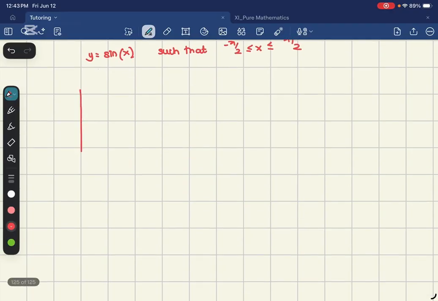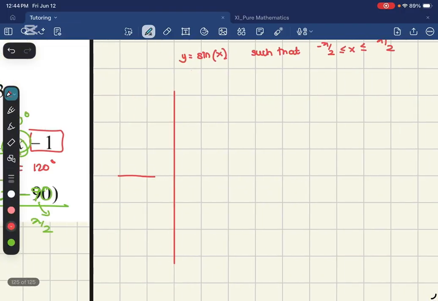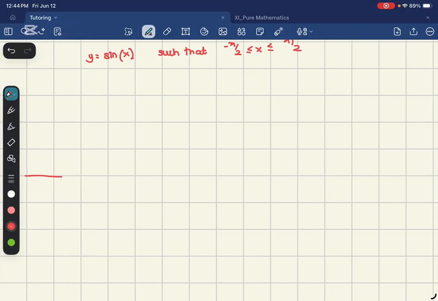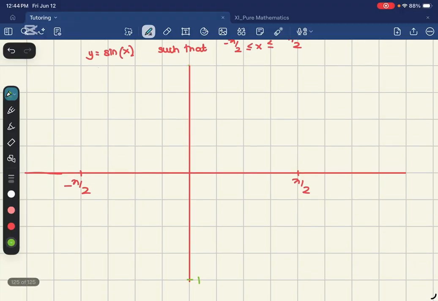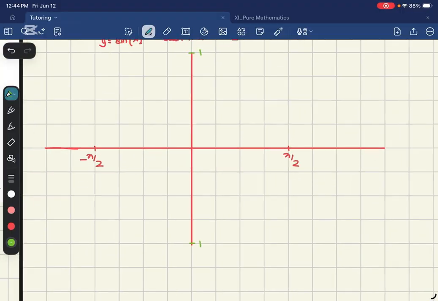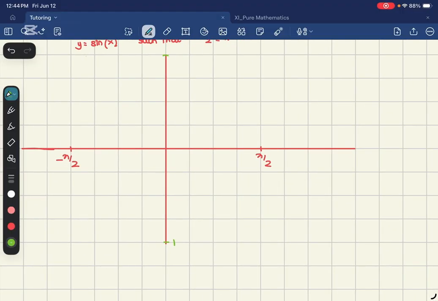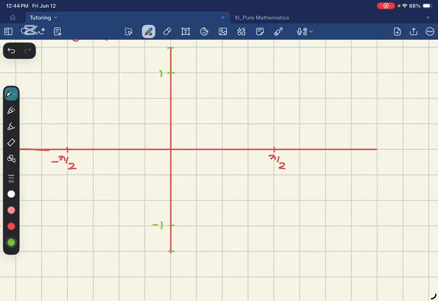And let us look at the graph. Let's say this is negative pi by 2, and let's say this is pi by 2. Let's say this is 1, and this is negative 1.